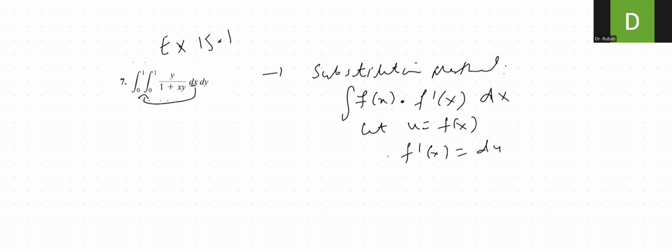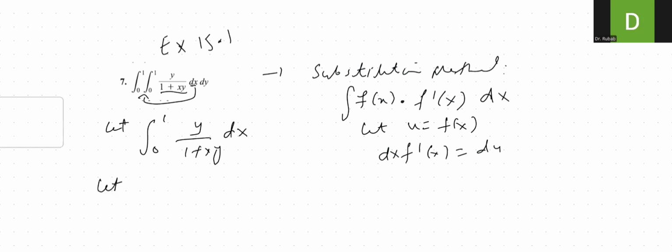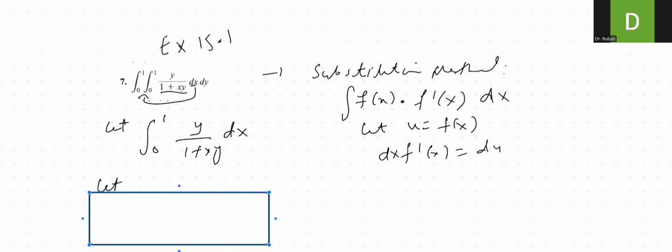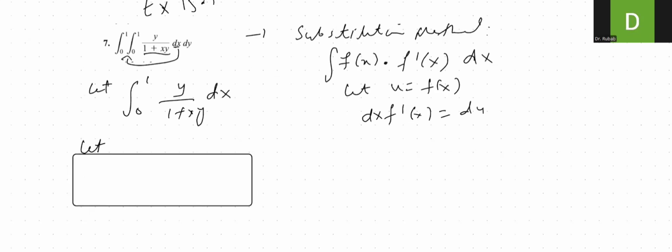So here we have to integrate with respect to x, and the function of x is 1 plus xy. So let us consider only this integral, the interior one. I just consider this box and try to make the substitution separately in this box.